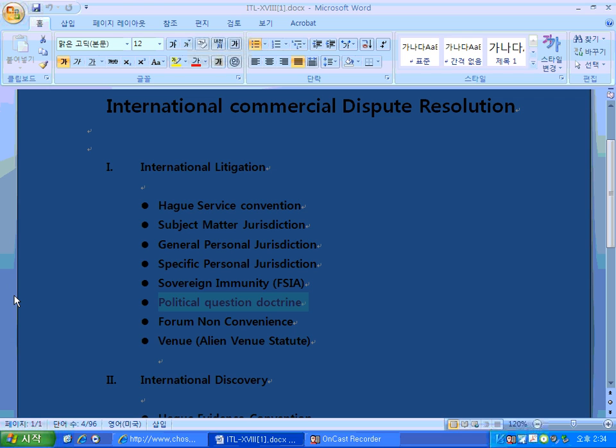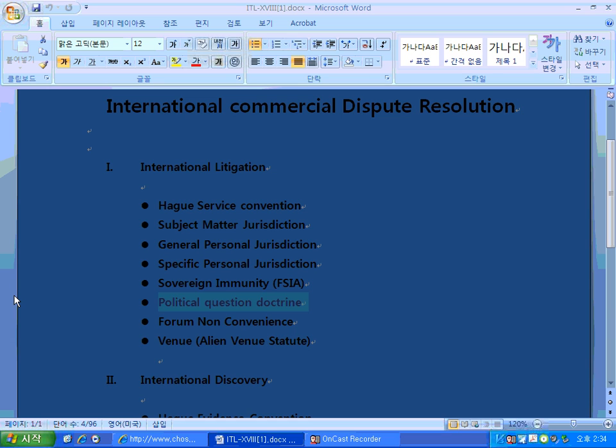Even if the strict legal requirement may be met, the political question doctrine may intervene. The judiciary may not advance to dispose of a specific determination.